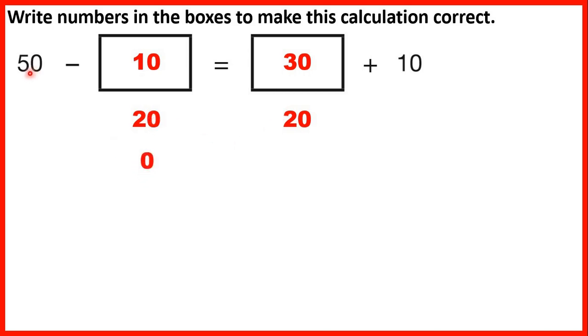Or we could have 50 minus 0, that would be 50, and 40 plus 10 is 50, so we could have 0 and 40. Or we could have 50 minus 1, that's 49, and 39 plus 10 is also 49, so we could have 1 and 39.